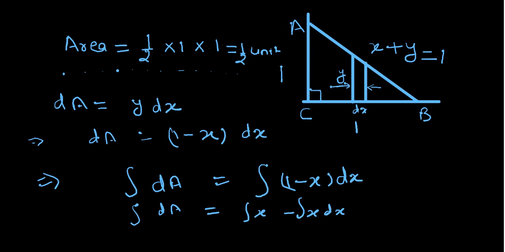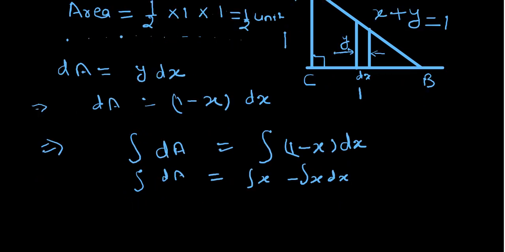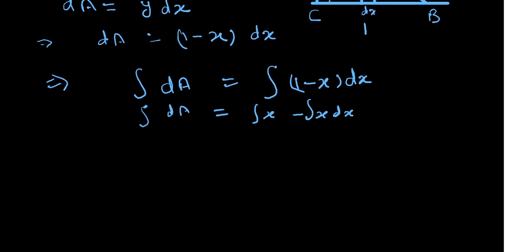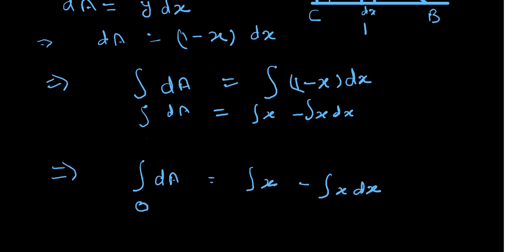Now you further solve it. Before that, let us put the limits. Integration of dA: initially the strip area was nil, and after it traversed through the entire triangle, suppose the strip area becomes A. So when the area is 0, x is 0.